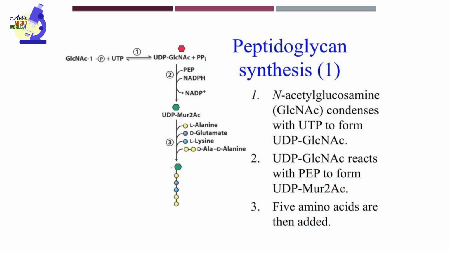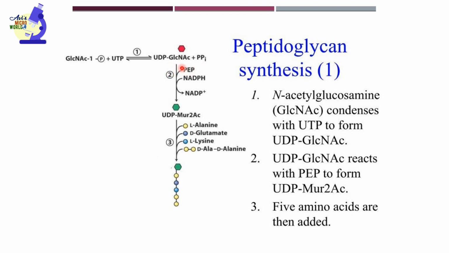Now, peptidoglycan synthesis. How is it synthesized? That's what we are going to see here. N-acetylglucosamine, that is GlcNAc, has a phosphate group added to UTP, in a reverse reaction, to form UDP-GlcNAc plus PPi, that is a phosphate group.